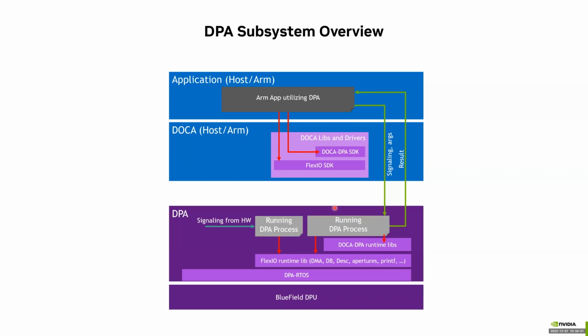So on the DPA then, the event handlers that the application provides can use the device side libraries for Docker DPA or FlexIO again, in order to communicate with the rest of the world, like to use DMA engines or NIC doorbells, memory windows that I'll describe in a second, and so on. On top of that, there is a DPA real-time operating system that also enforces process isolation and provides services.